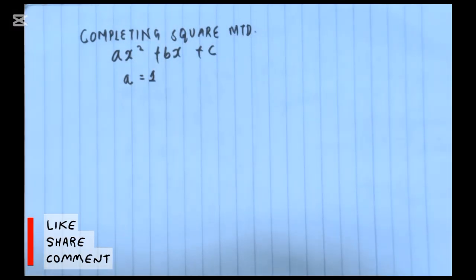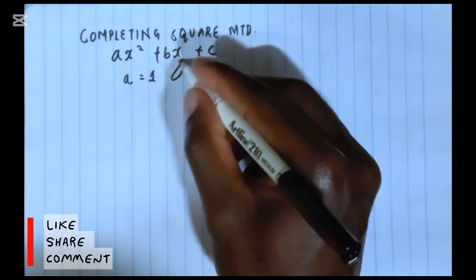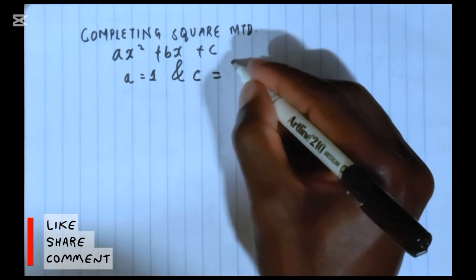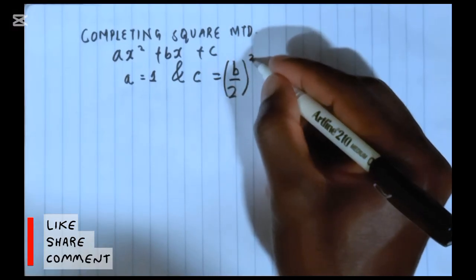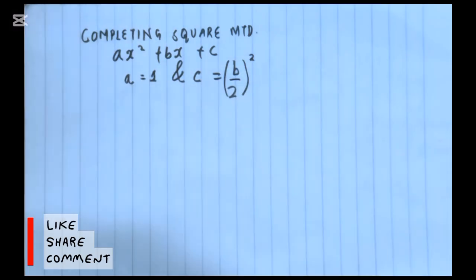And c should be b all over 2, b divided by 2 squared. So this is the criteria that we gave that qualifies a quadratic expression to be a perfect square.